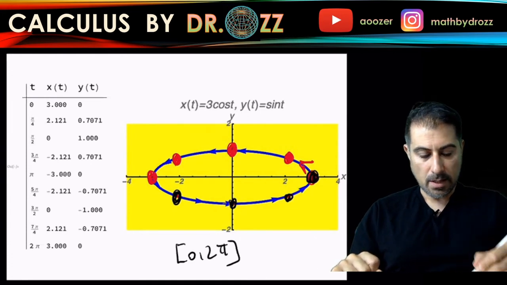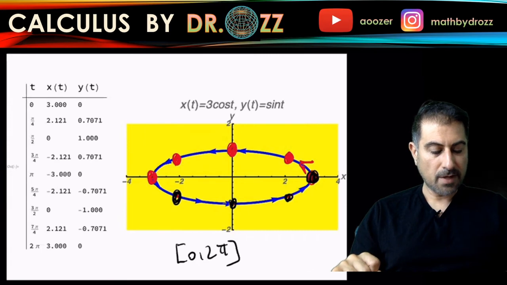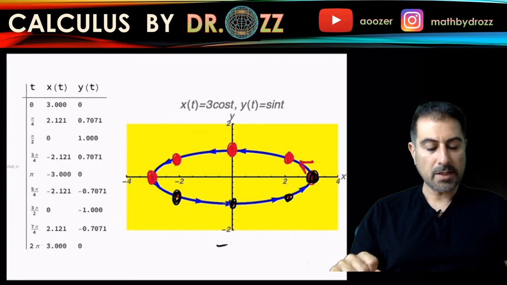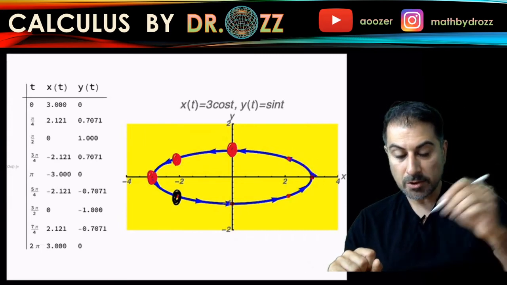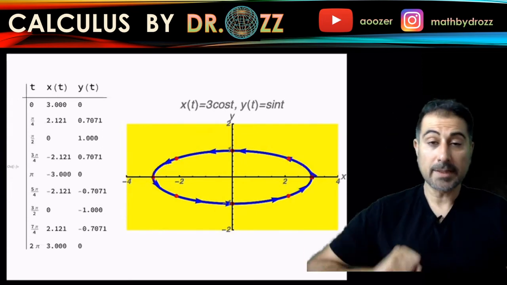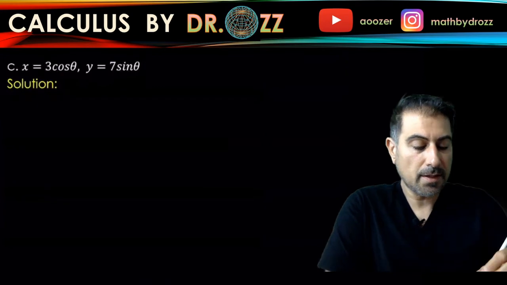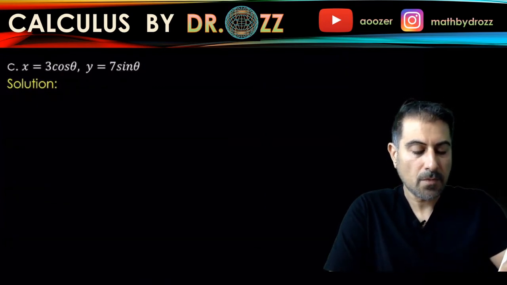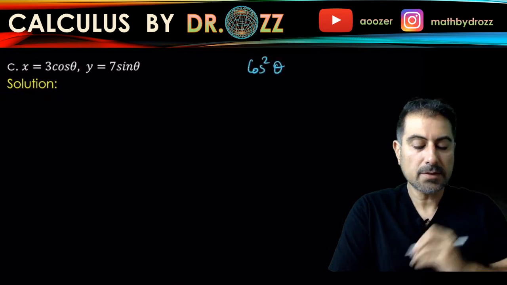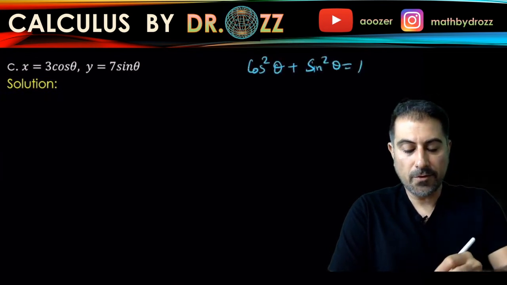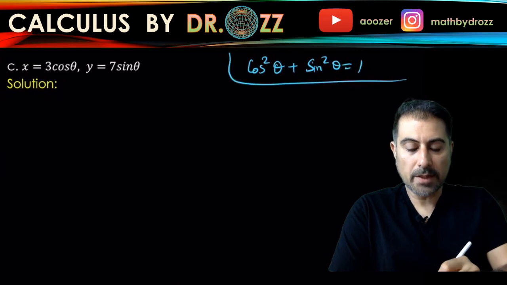All right, so let's also find the rectangular equation corresponding to this parametrization. What I'm going to do here is use this known identity to achieve that. To do that, first I'm going to divide the x equation by 3, so I get x over 3 equals cosine theta.